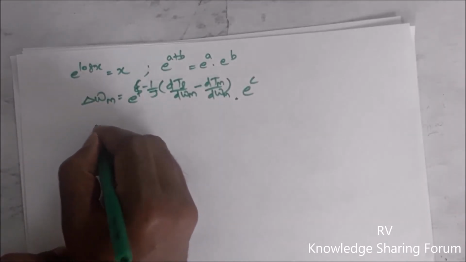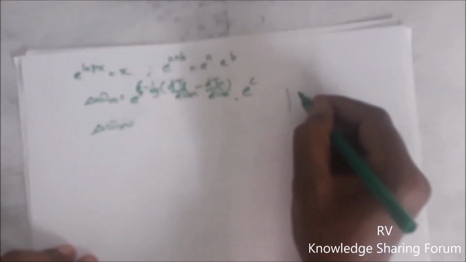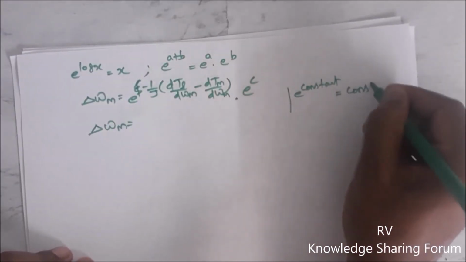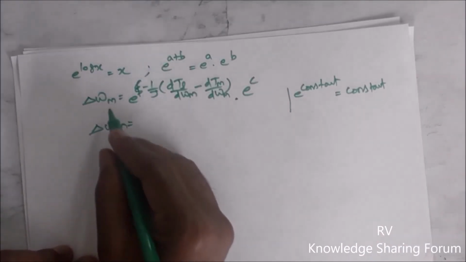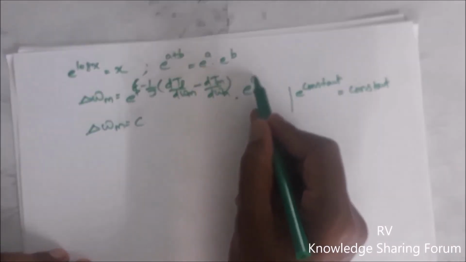Delta omega m is equal to e to the power of a constant. According to the exponential formula, e to the power of a constant is equal to a constant.